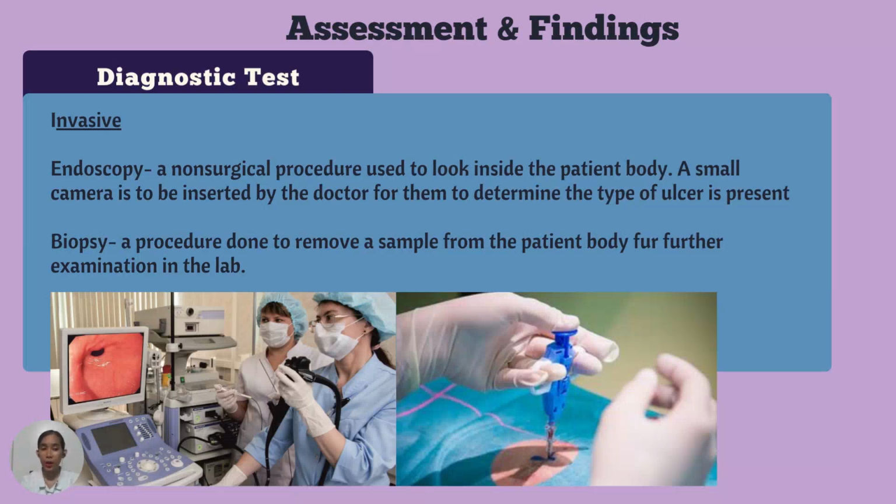If your doctor detects an ulcer, it is immediately followed by a biopsy procedure, which is done by getting a small tissue sample removed from the patient's body for examination in the lab to determine the presence of infections such as H. pylori. As you can see, the first picture is the endoscopy, and the second picture is the biopsy.